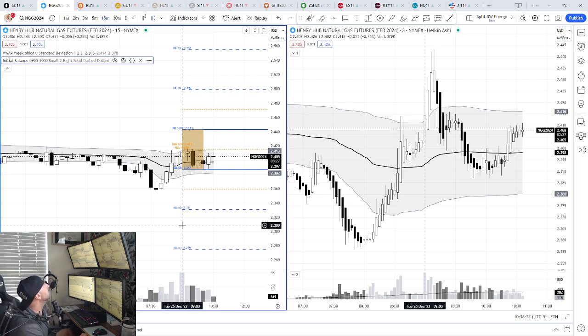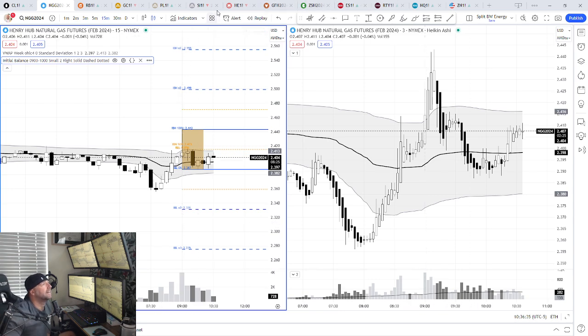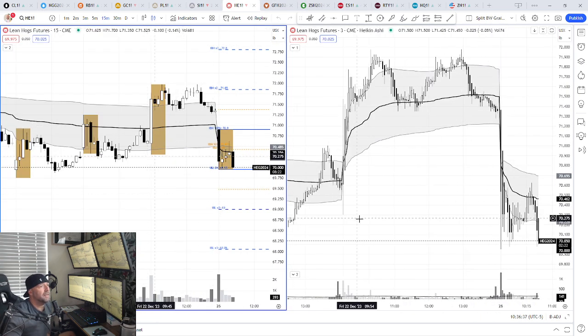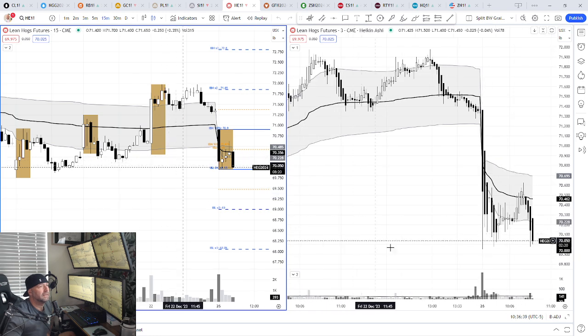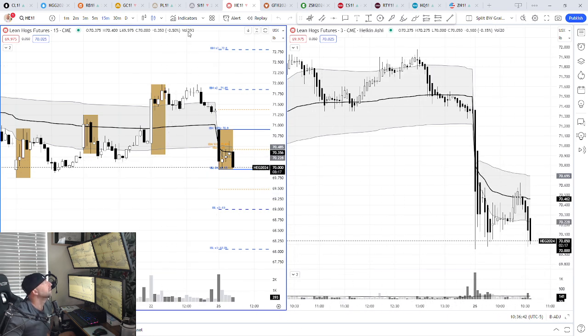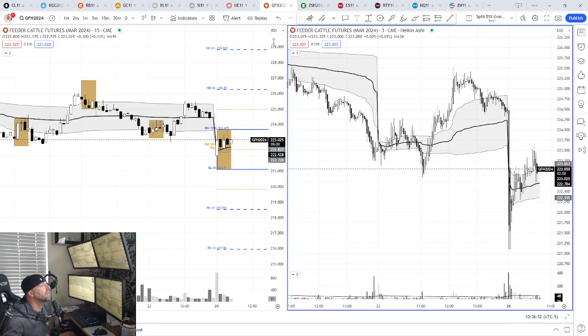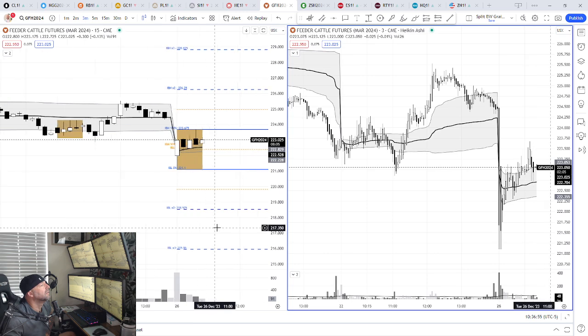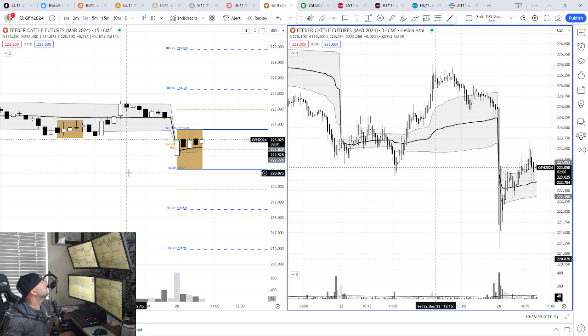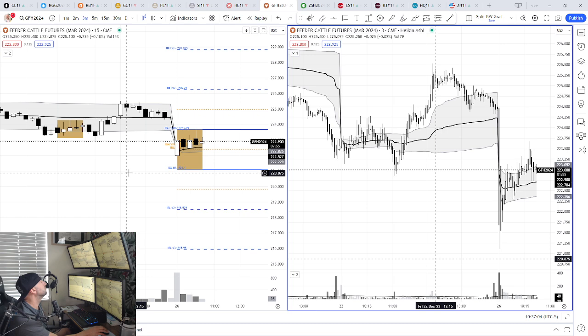All right, well, we got hogs testing IB low. Cattle trading in balance for the most part. Corn is doing some stuff.